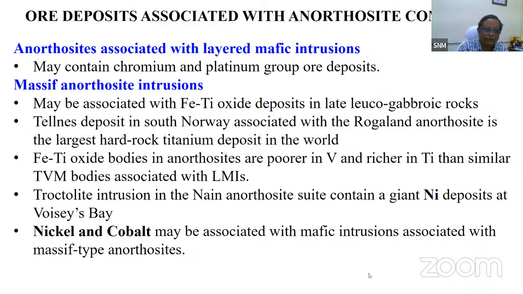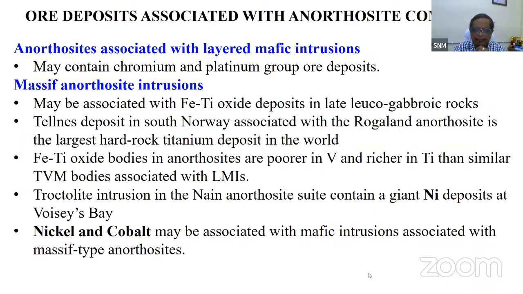So, taking an analogy from the TVM, what we understand is that titanium vanadiferous magnetite bodies in LMI are similar to Fe-Ti oxides and nickel. That is very important. Nickel has been reported with the leucocratic gabbronorite bodies that are associated with the plagioclases.